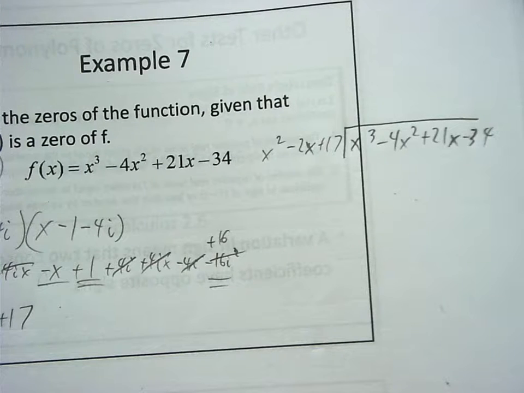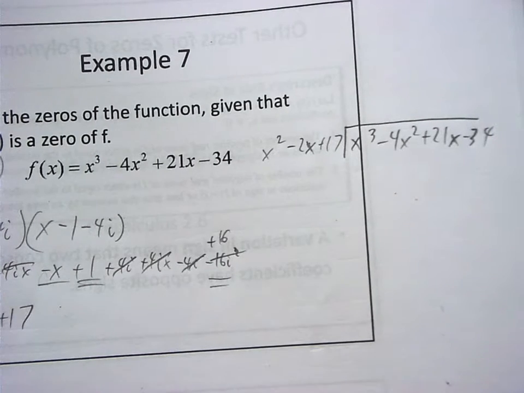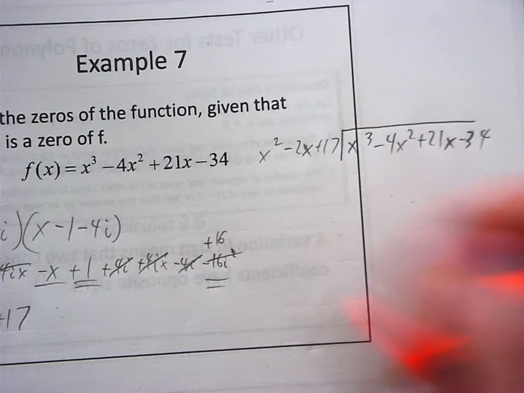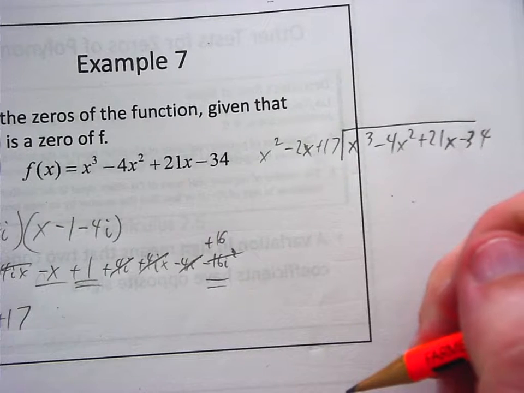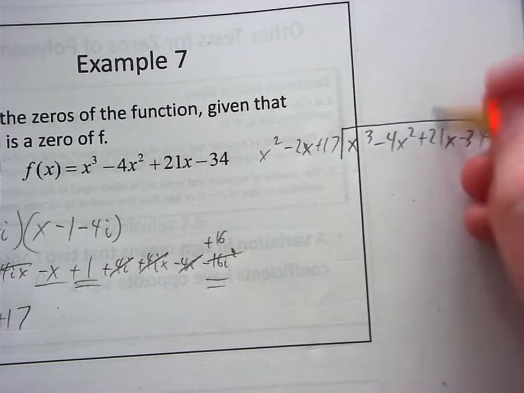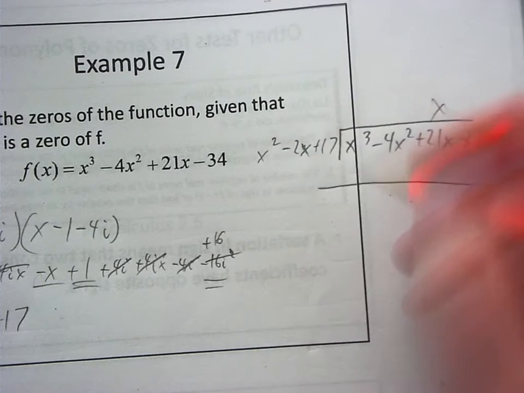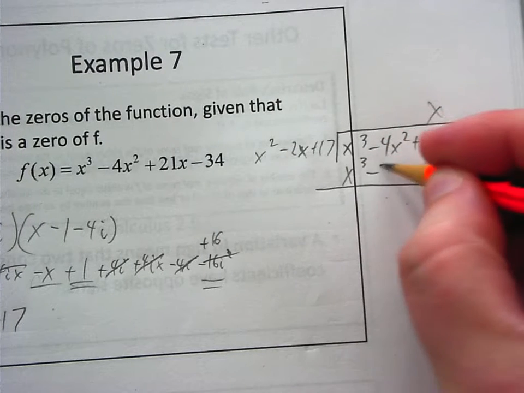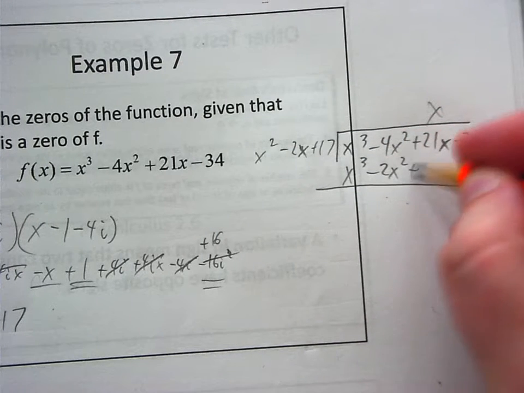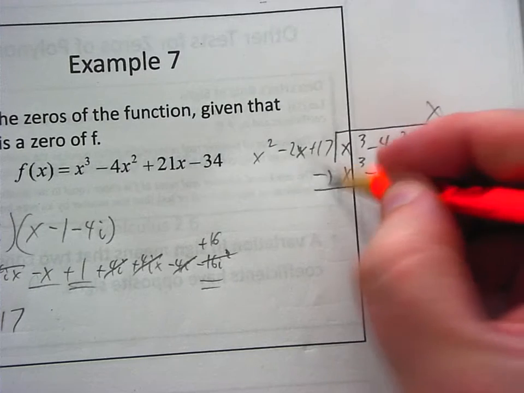Then what? The nice thing is this will usually happen pretty quick because I'm only dividing x cubed by x squared. So what do I multiply by? X. So that's going to go here. Then multiply it. You get x cubed minus 2x squared plus 17x. Subtract everything there.